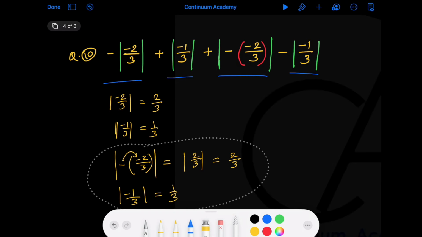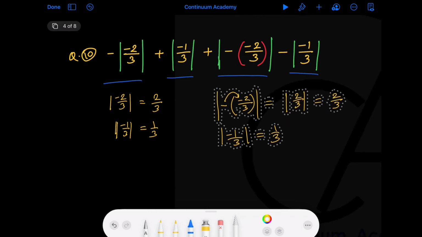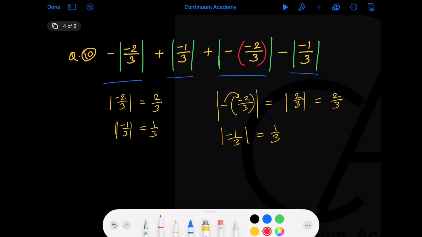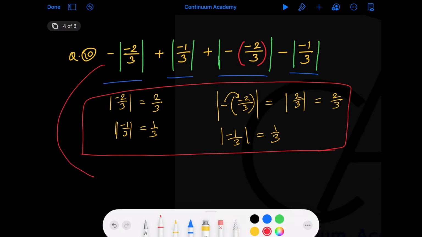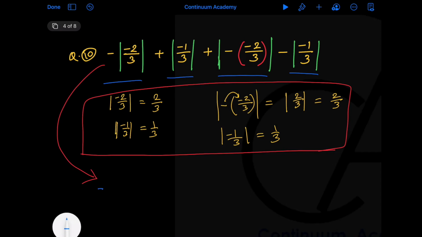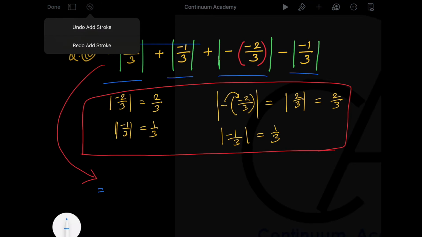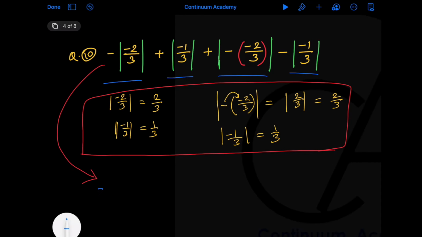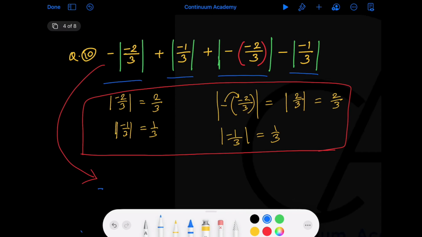Now let's solve this question. Here you have mod of minus 2 by 3, which is 2 by 3, and you can see that here we have one minus. Also you can see that we have another minus here. Let me cut this.